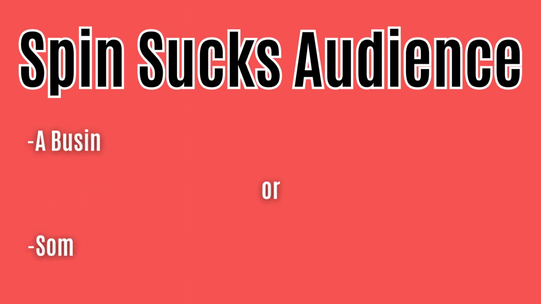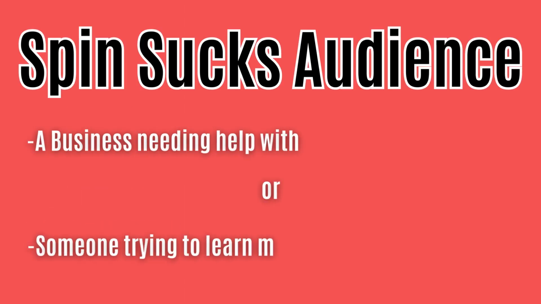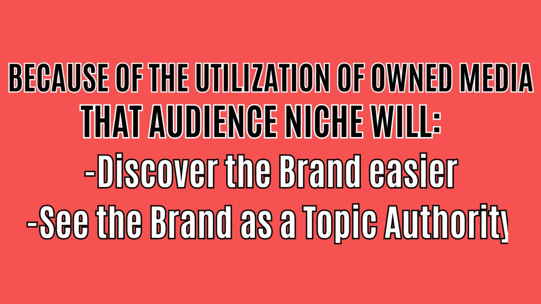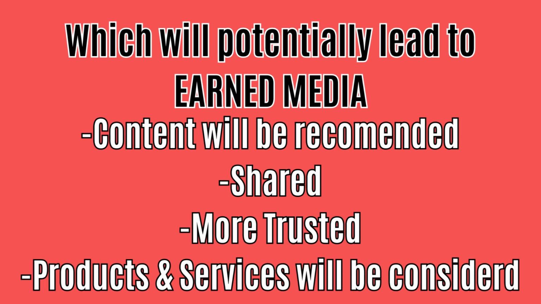So now her audience, which would either be a business that is looking for help with their public relations, or someone trying to learn more about public relations, like me, will find her easier. It will consider her a topic authority in the niche of PR. And Spin Sucks can get earned media when people recommend or reference her content, or if it's by one of her happy clients recommending her agency services.